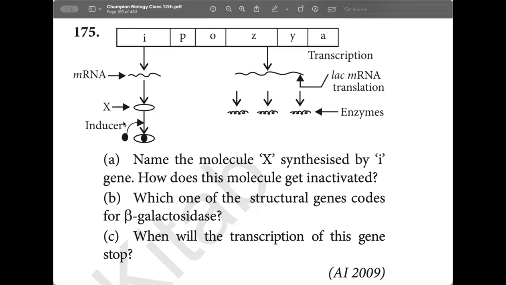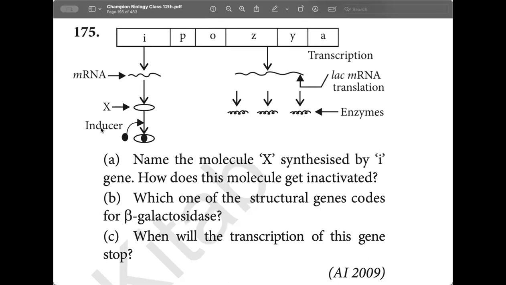But if the repressor is repressed by lactose, then polymerase is free to come and sit on the promoter and start the transcription. Remember the inducer here is lactose. So in the presence of lactose, the repressor gets inactivated. Make sense?